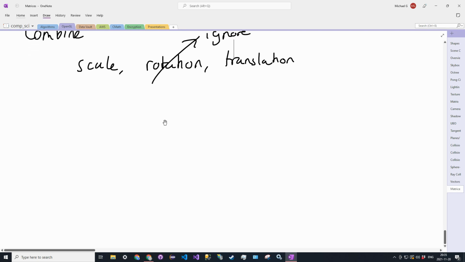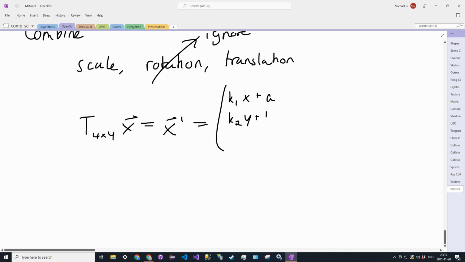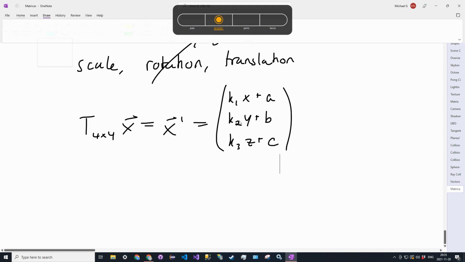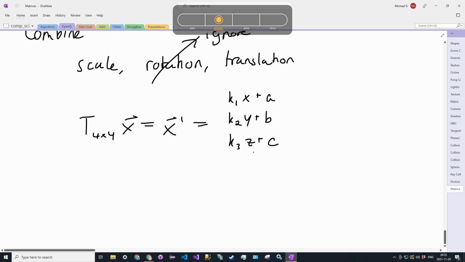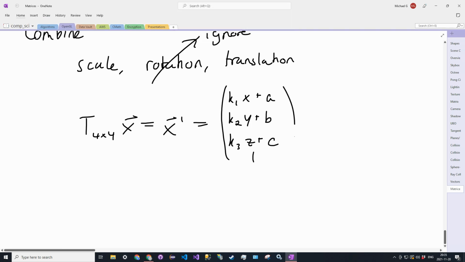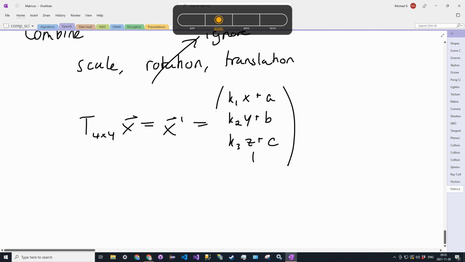If we wanted our transformation matrix, which is once again 4x4, times the matrix X to equal X prime, which if we wanted to scale then translate, we would say K1X plus A, K2Y plus B, and K3Z plus C. Well, first of all, I forgot the last element. That's a 1, because we have to keep that as a 1. Well, let's do this out.